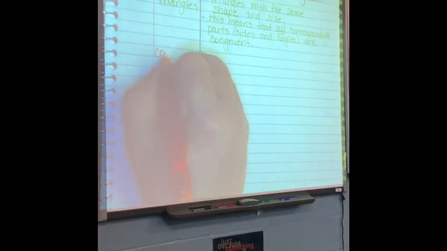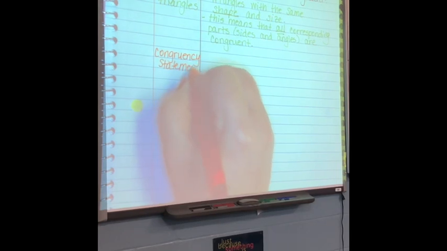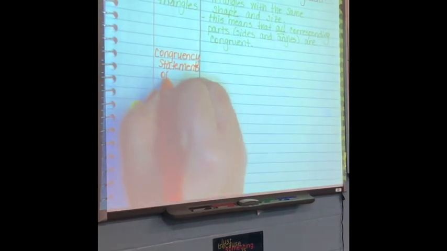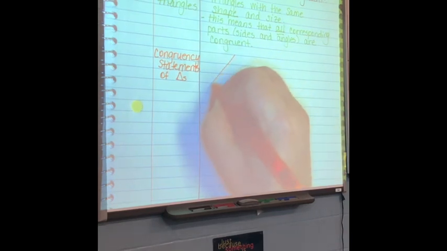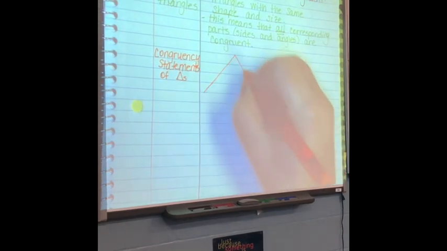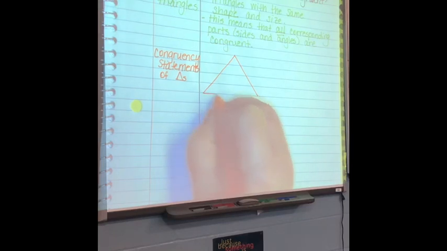So we're going to look at the congruency statement of triangles. So we'll start by looking at two triangles.